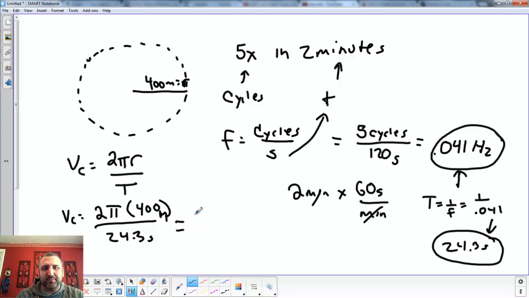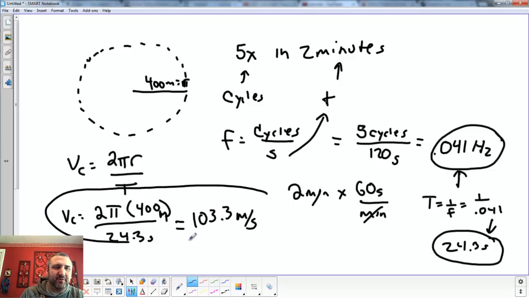That seems more in the ballpark. So v_c equals 103.3 meters per second.